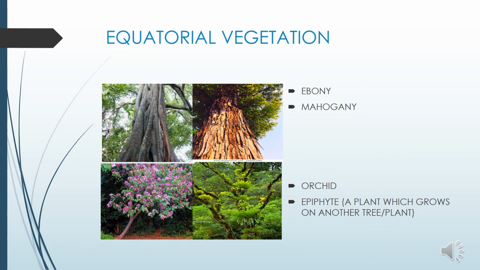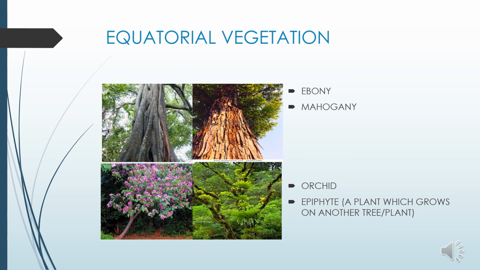Equatorial vegetation or equatorial forests are three-tiered. They have very dense hardwood trees, then other dense small trees and plants, and at level 3, or we can say in the three-tier system, there is undergrowth of creepers and other types of plants. So these are the most dense forests.